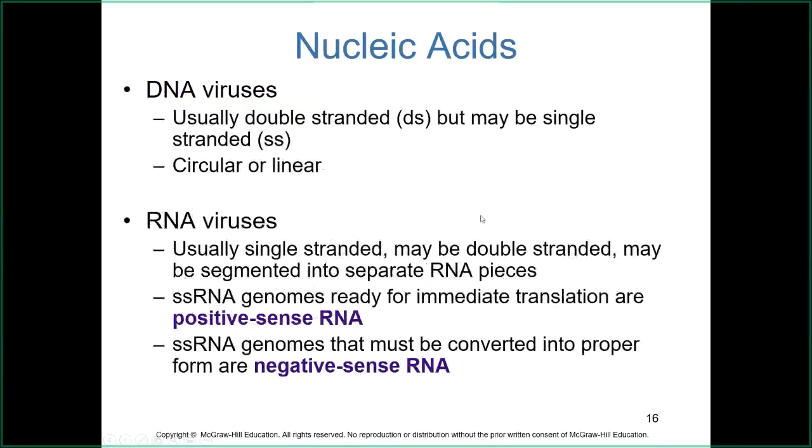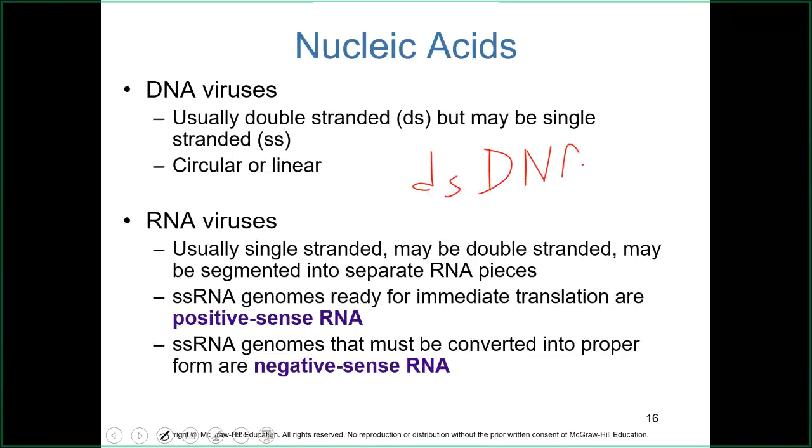All right, so among the DNA viruses, like I said, we have forms that are double-stranded, and they're usually designated with this lowercase ds. All right, so if you see a virus's description and somewhere written there is that designation, dsDNA, that tells us that it has double-stranded DNA.